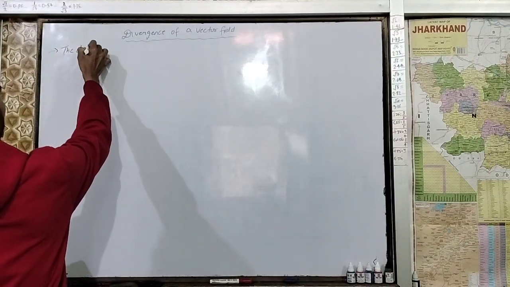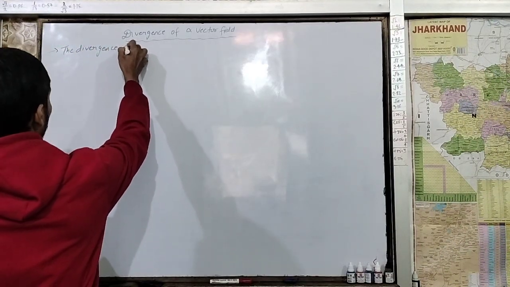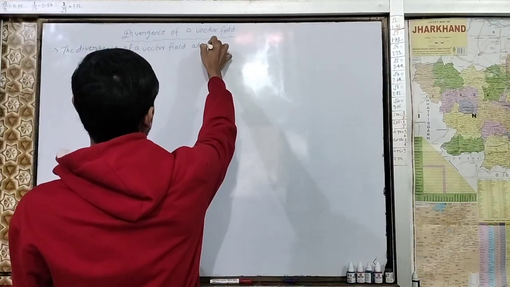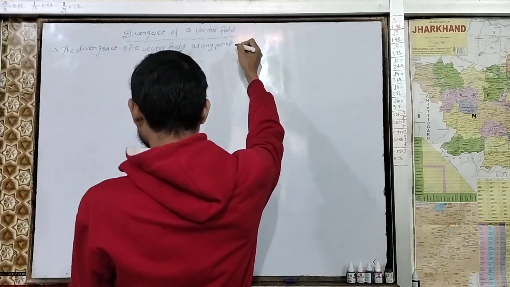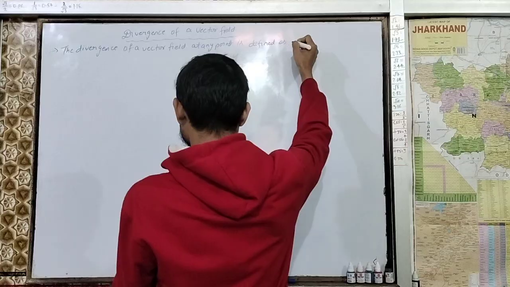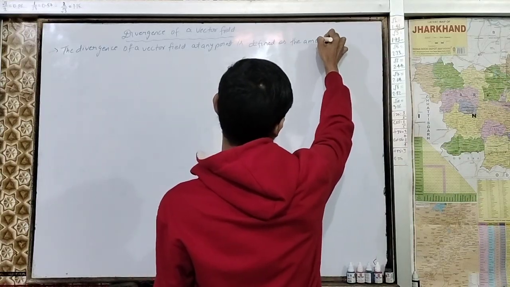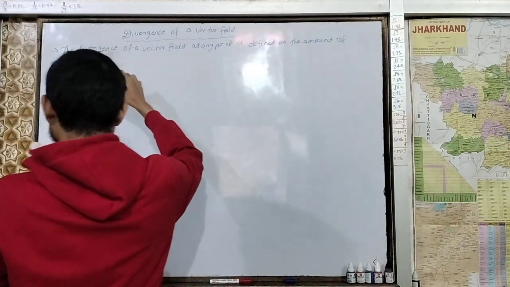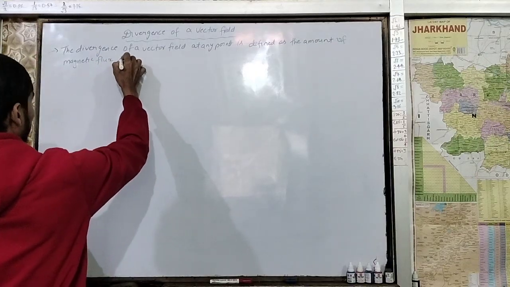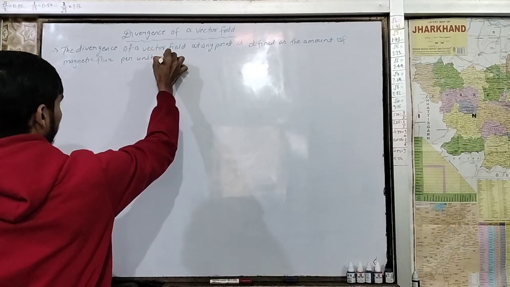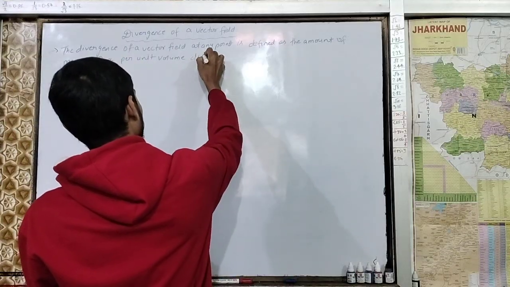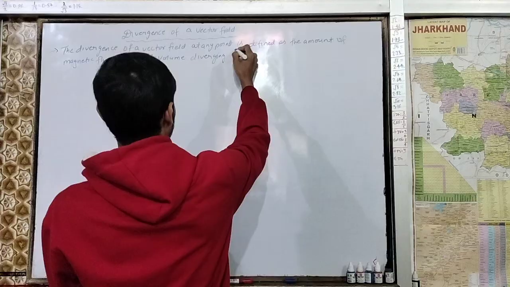The divergence of a vector field at any point is defined as the amount of magnetic flux per unit volume, meaning 1 by V, diverging from that point.